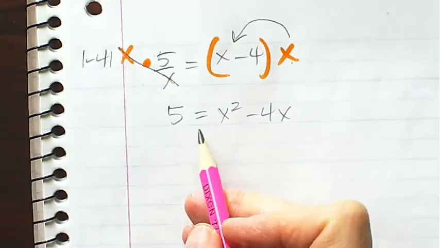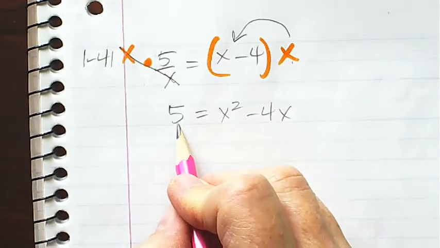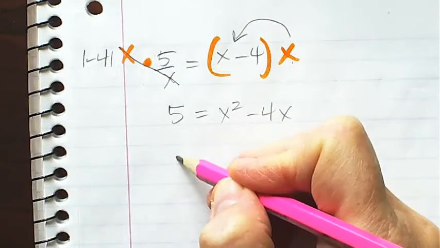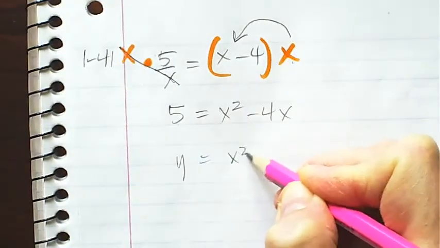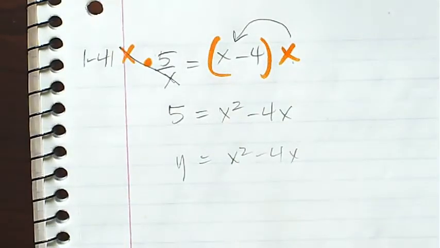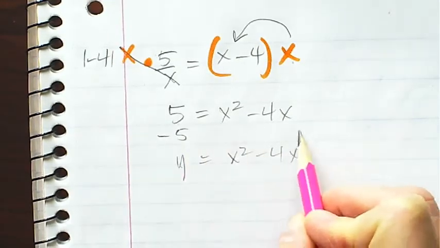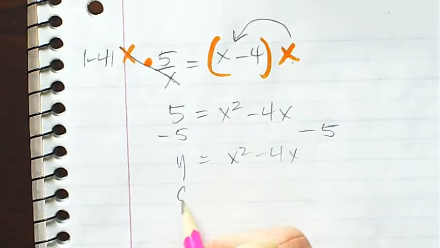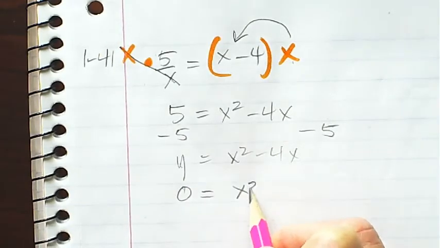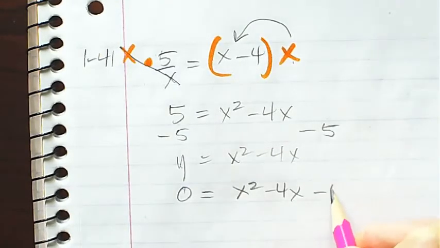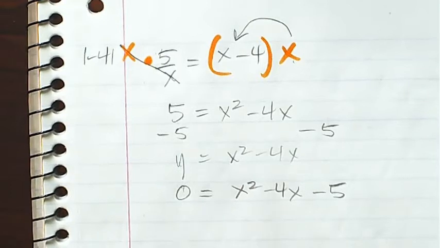And if we were going to solve this, we would set y equal to 0. So this is y equals x squared minus 4x. I want this to be 0, so I'm going to move this 5 over to the other side. That's going to give me 0 equals x squared minus 4x minus 5.